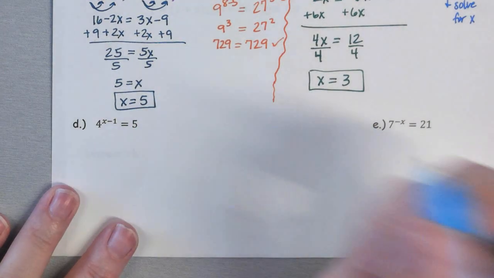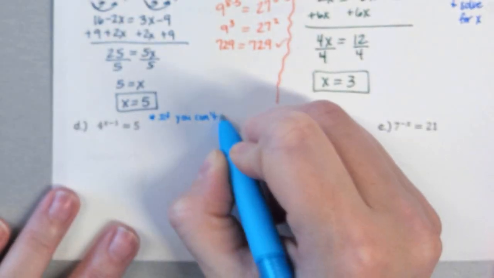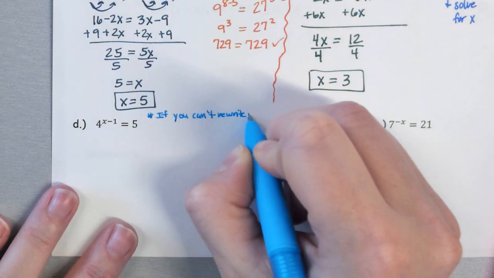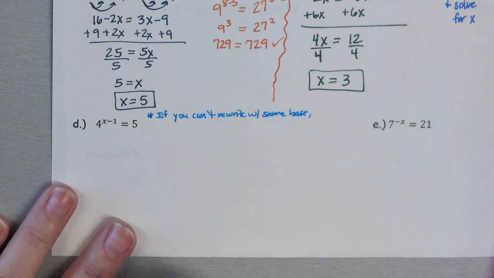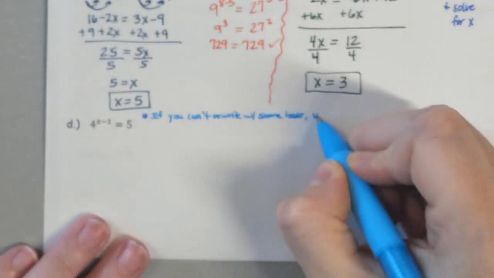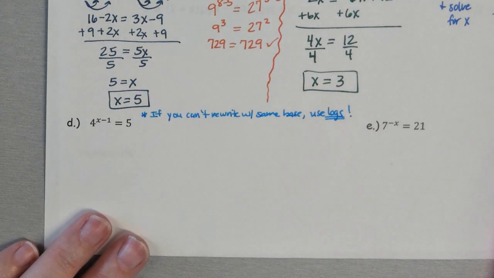So if you can't rewrite with the same base, okay, you are going to use logs. And again, you're using the logs because that is the inverse.